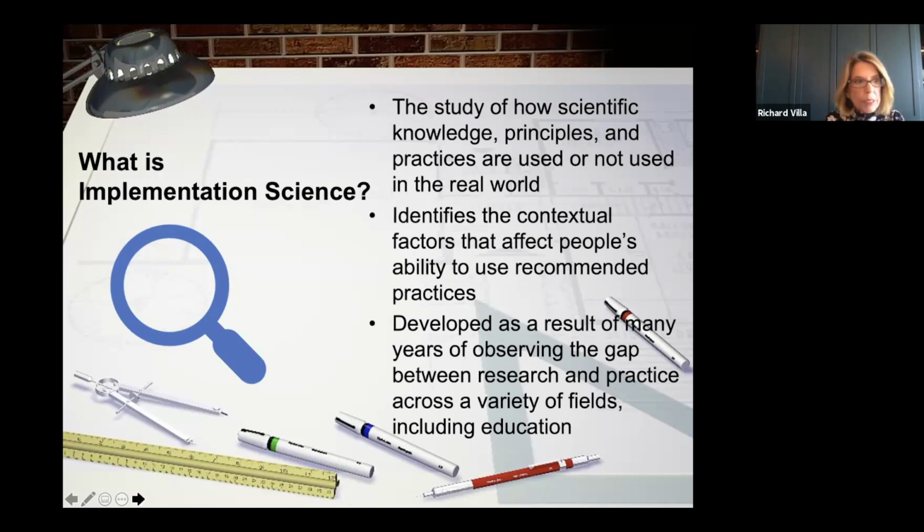And it came about because regardless of what area we were looking at, whether it's medicine or engineering or education, there was a persistent observation of this gap between what the research says is best practice and what actually was happening in the field. So in implementation science, we try to identify those factors that affect people's ability to actually use a recommended practice. And we'll be providing you with some tools that will help you with that.